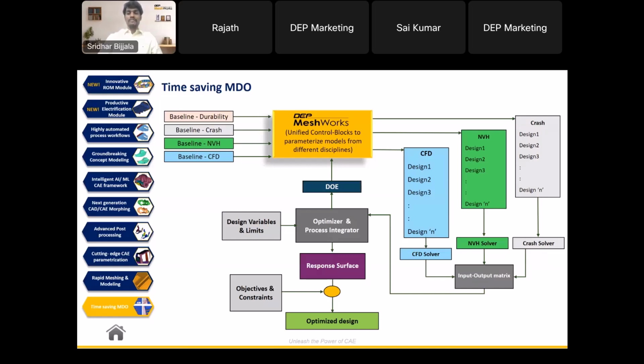And in an automated fashion, you can run all this DOE, and the input-output matrix is achieved out of the analysis, and you can apply all your response surface and the process integrations with all the design variable limits, etc., for your optimization study. And if you achieve an optimized design, your loop ends there. If not, you can again repeat the same process using our advanced MDO approach.